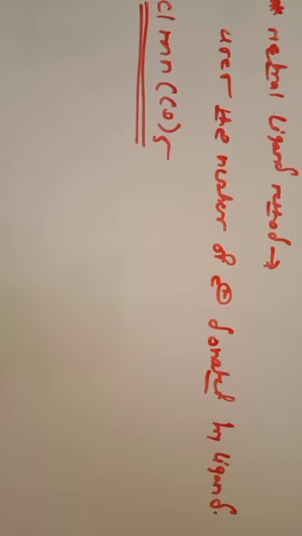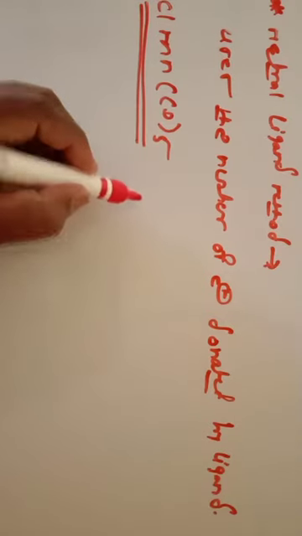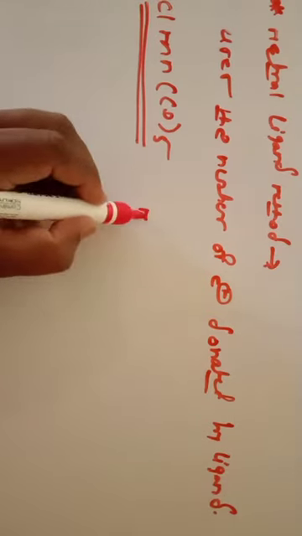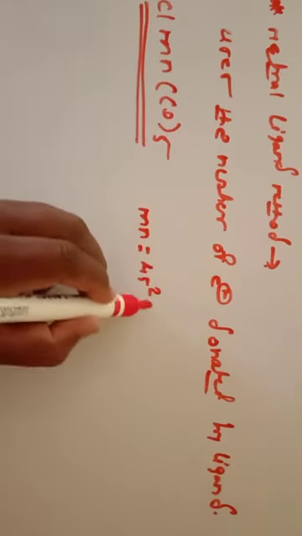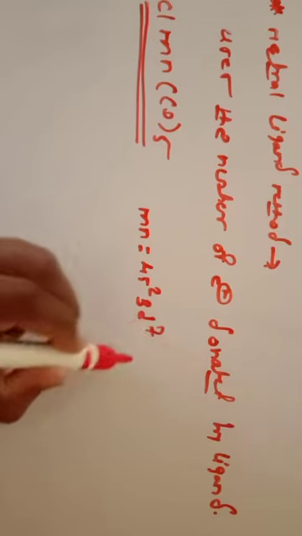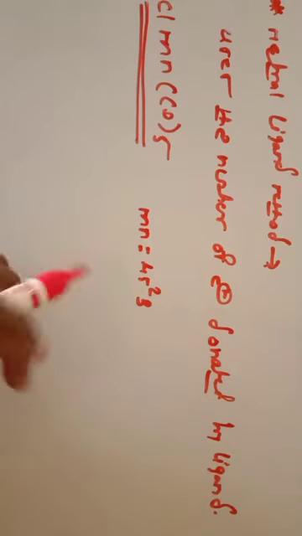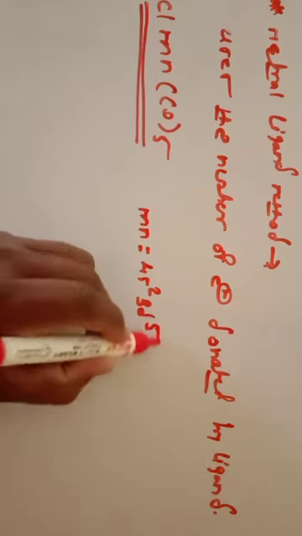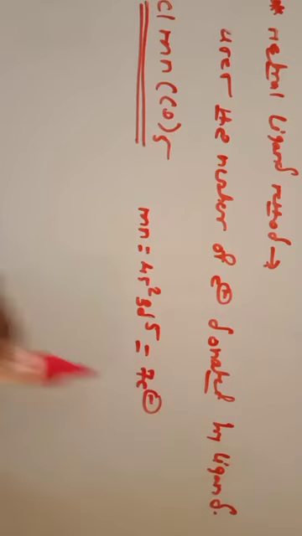So in this complex, if you find out the electrons, then let us first consider the electrons from the Mn. We know that Mn is 4s2 3d5. So in total it contributes 7 electrons.